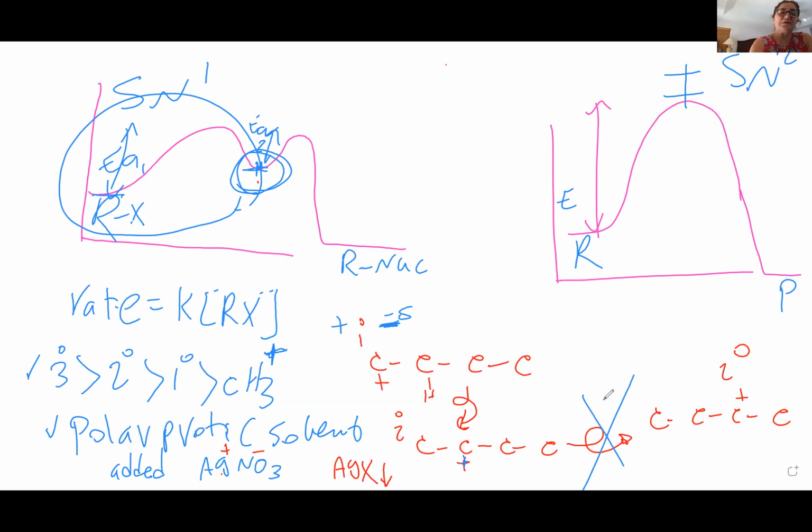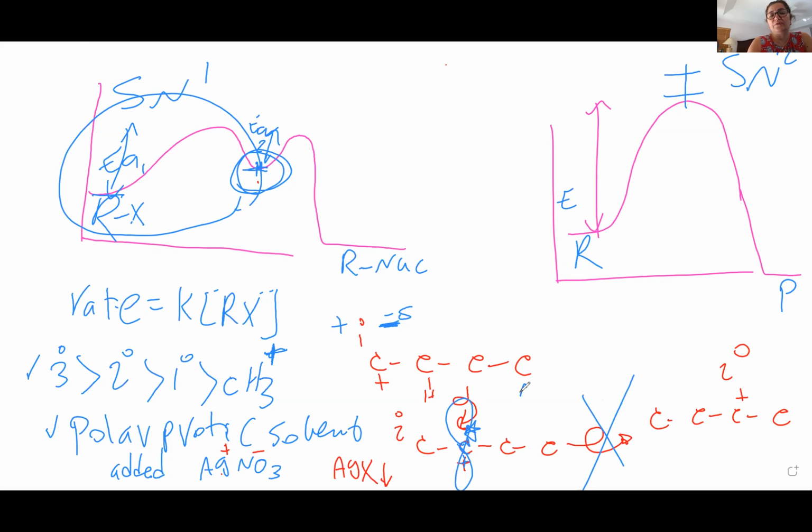The product of an SN1 substitution, in case this carbon was a chiral carbon: because of the carbocation, the hybridization is sp2. That means it has a p orbital that is unhybridized.